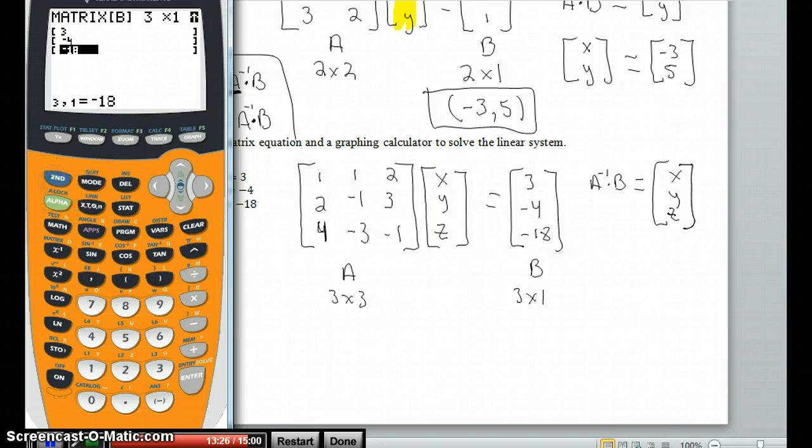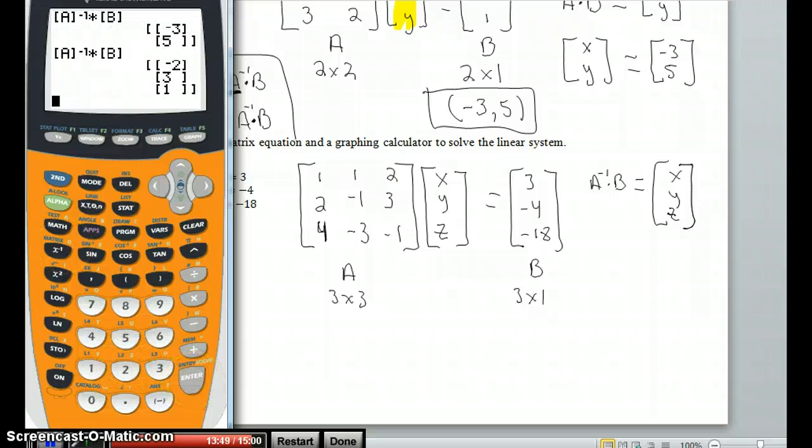I'll go back to my home screen, so second mode, which is quit, and I'll go back and do the same thing I did in the last problem. Now I have 2 different matrices in there though. Second matrix A. Remember the -1 key is this x to the -1, times, and then second matrix number 2, which is B, and when I hit enter, I get my answers. -2, 3, 1.